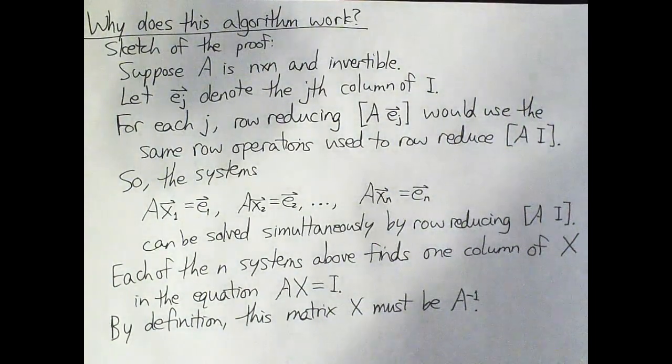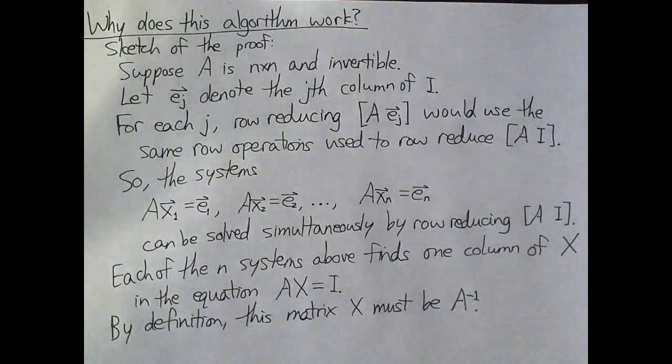Why is it that if A is not invertible, the algorithm can also help us conclude that a matrix is not invertible? Anyway, I left some of those details out there in the textbook, but hopefully this gives just a little bit more understanding of the algorithm.